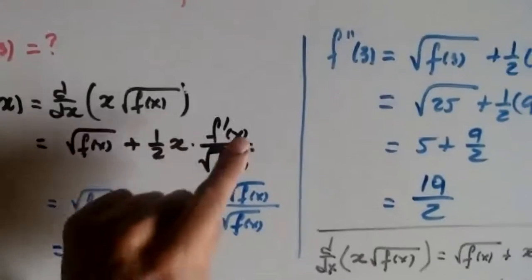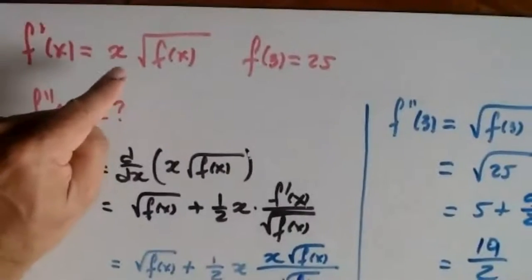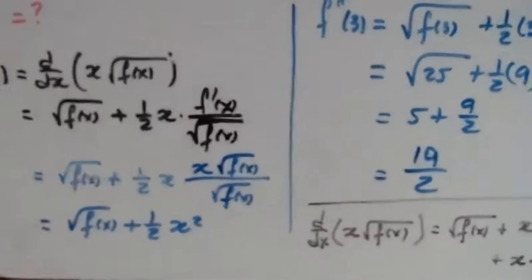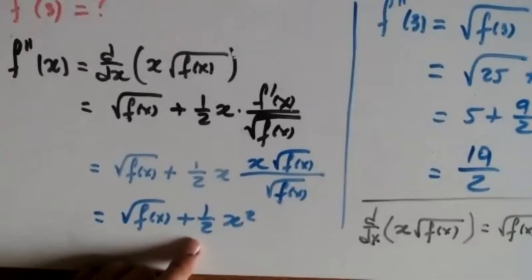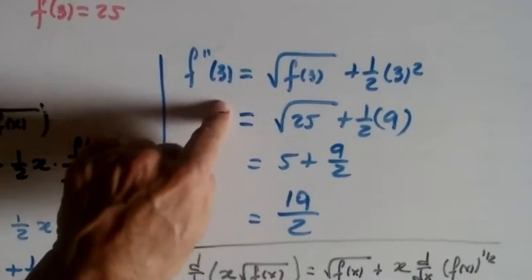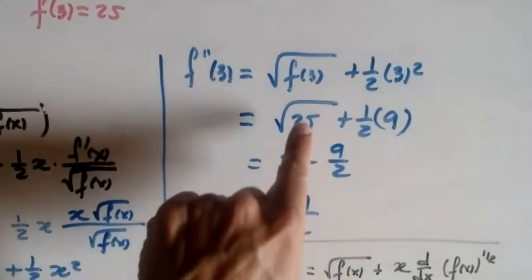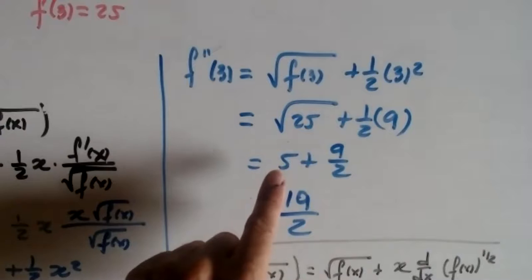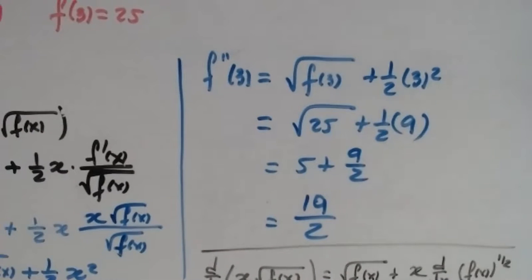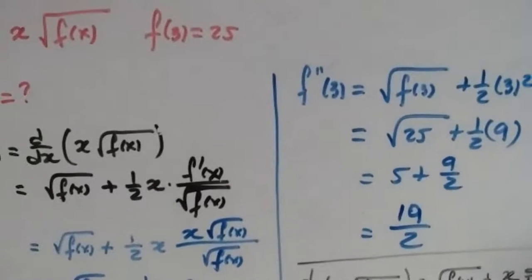F prime is given here, so I substitute f prime in the expression so I can cancel the square roots. Then I get that f double prime of x is this expression. Then I only have to evaluate at 3. I know that f(3) is 25, so the square root of 25 is 5, plus 9 over 2, 19 over 2. Okay? Easy?